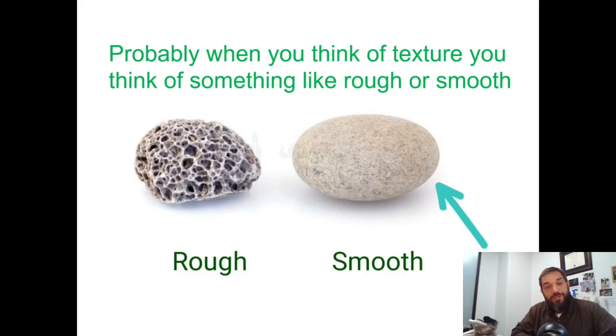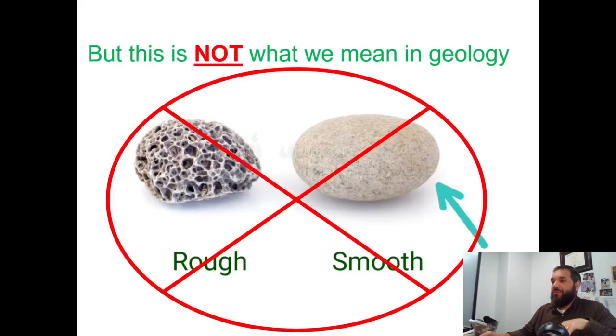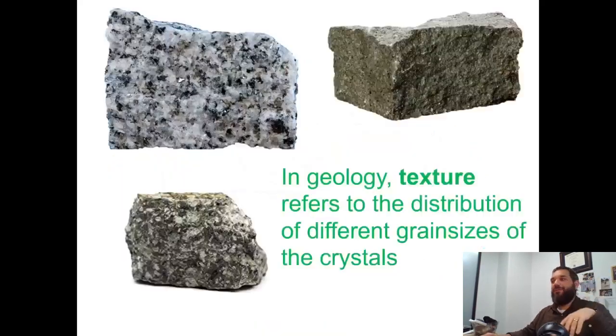What is texture in the context of geology? It doesn't refer to something being rough or smooth. I know that's our normal everyday use of the word, but I don't mean that at all in geology. I'm going to put a big X through that, so forget about that.